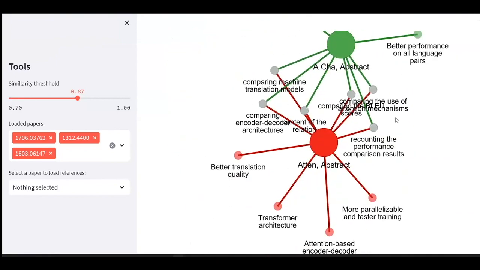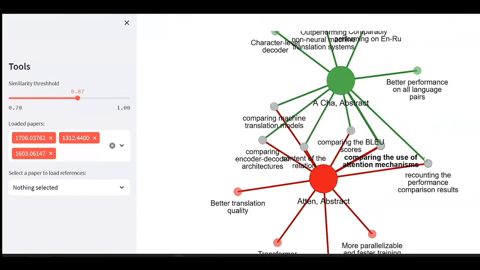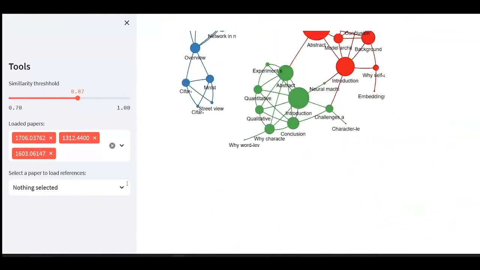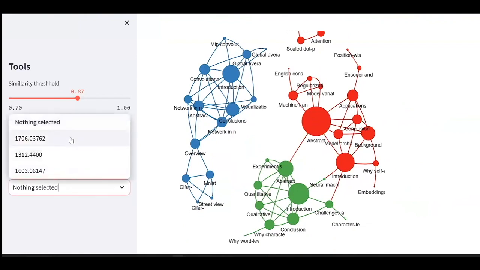So the nodes in common are the similarity of these two parts of the papers, and then the outer nodes are the differences. And usually in a research paper, there is a last section for all the references. And one additional thing we have added is that you select a paper.